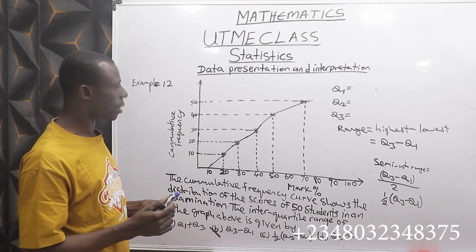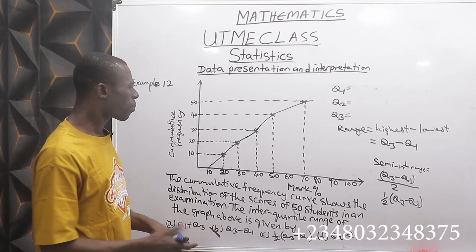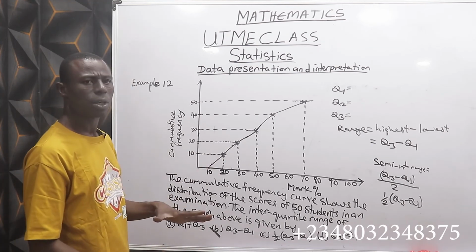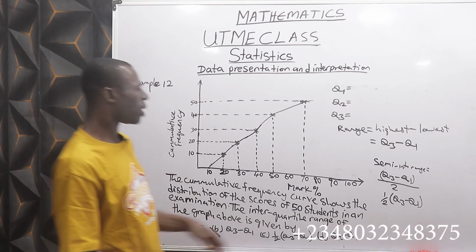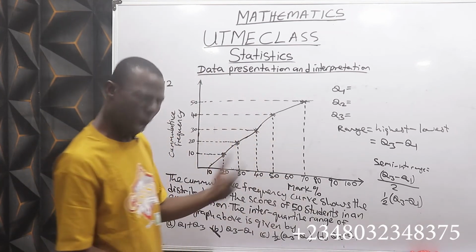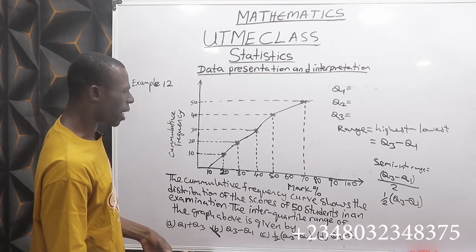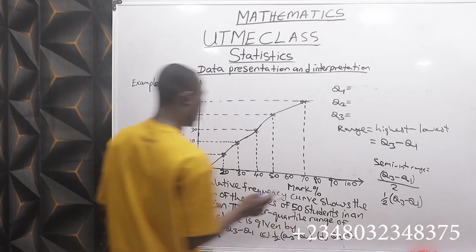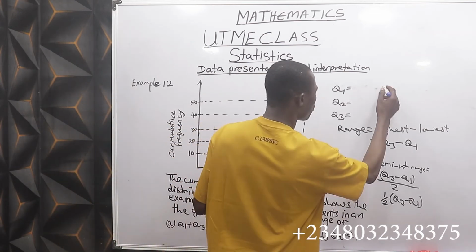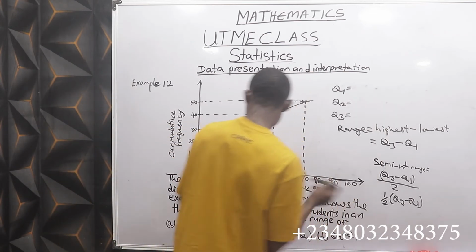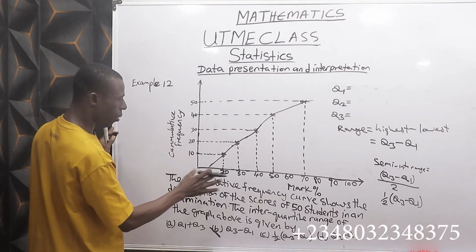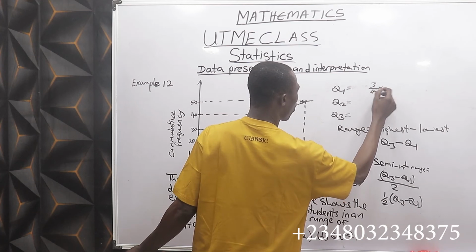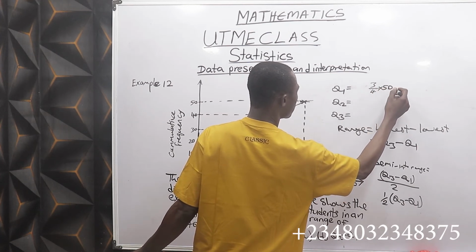So that is it. And finally, what if you are to calculate from the graph? You are given the graph, and you are to calculate the interquartile range. How do you go about it? You obtain the lower quartile and the upper quartile. From this graph, the upper quartile is 3 over 4 of 50.